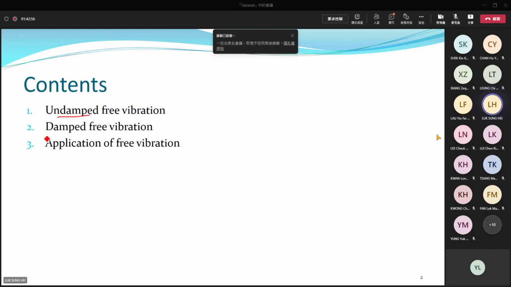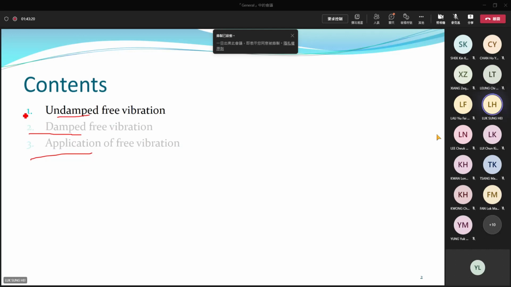And then in section 2, we will consider more general situations in which we have damping. Then we will solve the problem again. Finally, I will talk a little bit about applications, how to apply the results from section 1, section 2 for some practical problems.